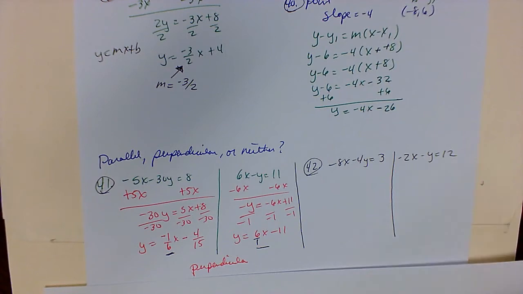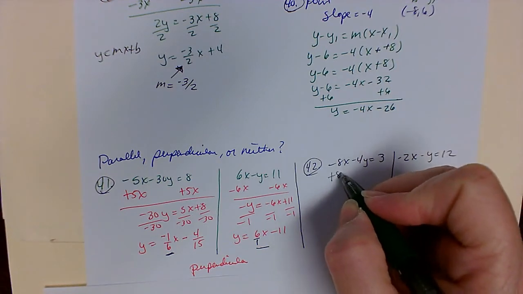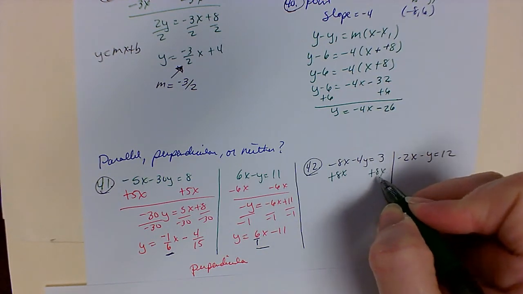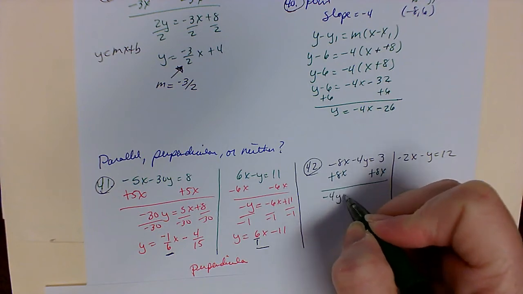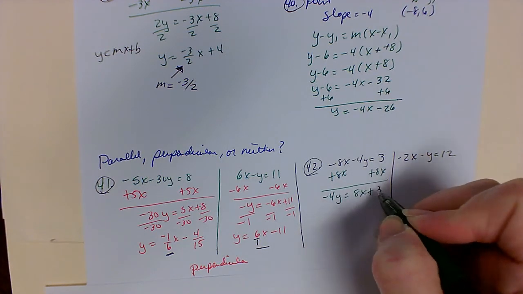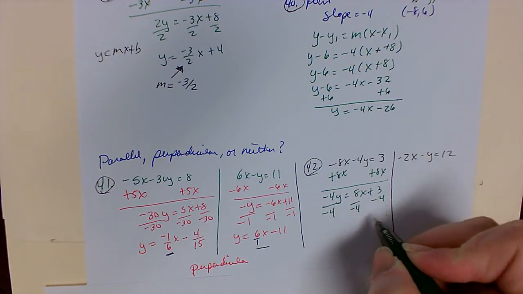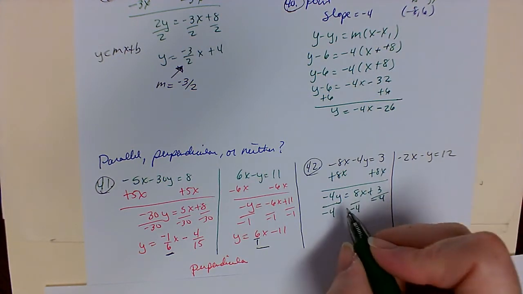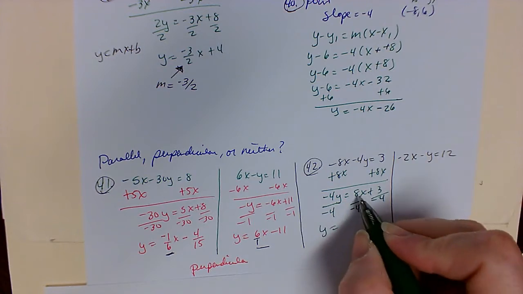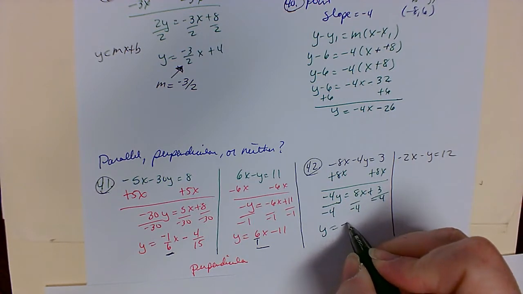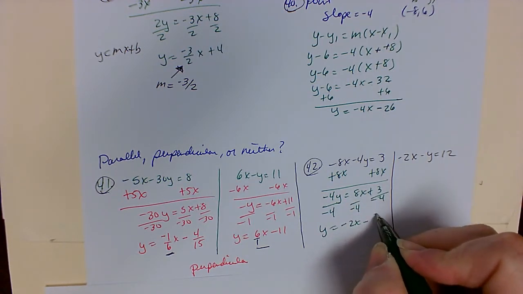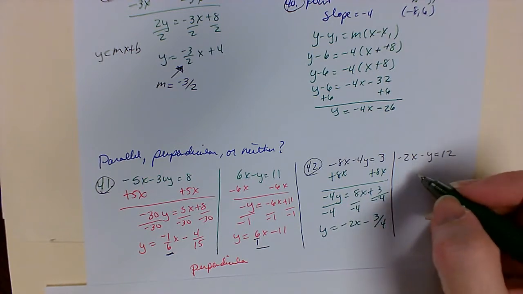On our next one, we're looking at moving our 8x over opposite of what's being done. We get negative 4y is equal to 8x plus 3. Divide by negative 4 on each term, we get y is equal to 8 divided by negative 4 will be negative 2x minus 3/4.